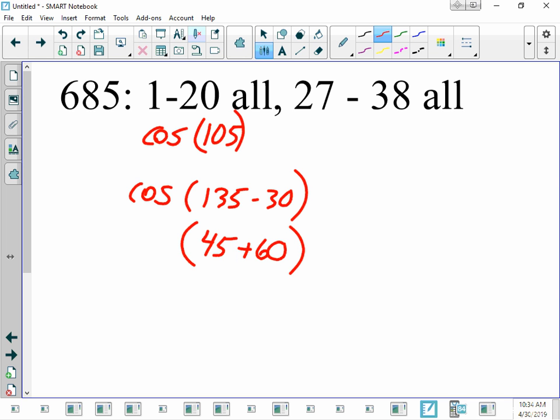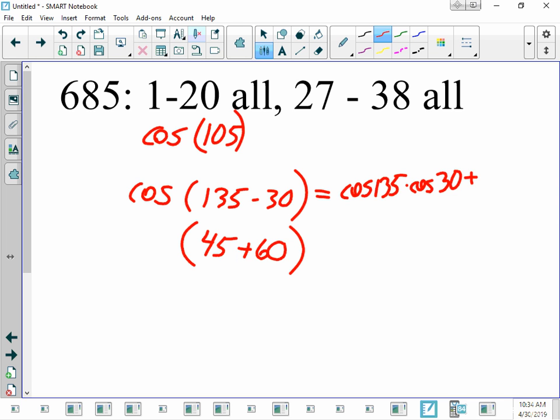So if you look at the sum and difference formulas for the cosine, so these are on the right side near the top. The cosine of alpha minus beta is going to be the cosine of 135 times the cosine of 30, and then plus.